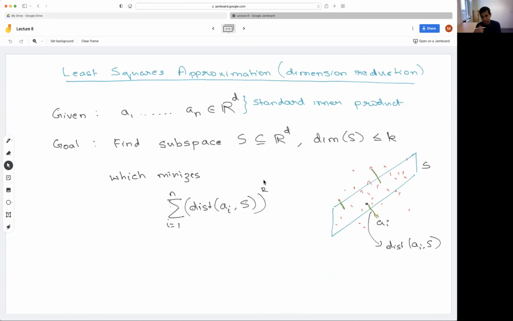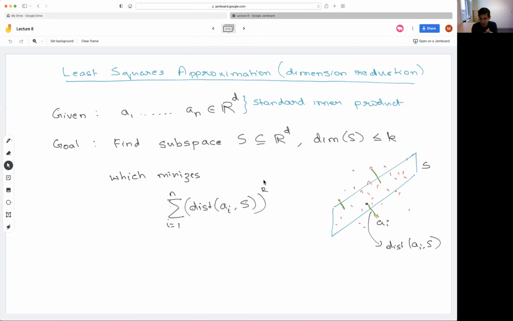Okay. And a very related notion of approximation is what's called least squares approximation of a given data set. So this is also called dimension reduction. It's one of the ways of doing dimension reduction.